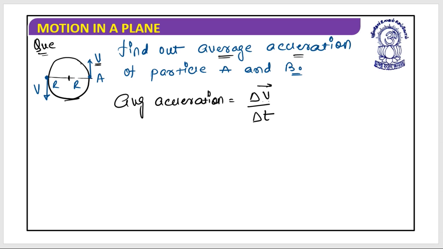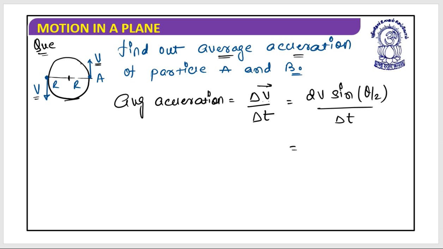Both the vectors have the same magnitude, but the directions are opposite, so they are aligned by an angle of 180 degrees. So I can write it as 2V sine theta by 2 divided by delta t.